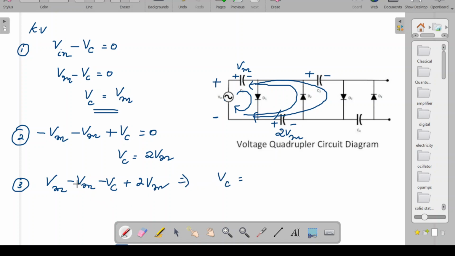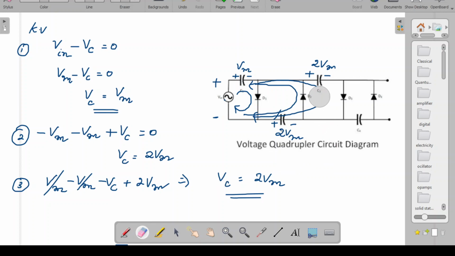Vc is equal to Vm, and this Vm will get cancelled. So Vc will be equal to 2 times Vm. So the voltage that will develop across this capacitor is also 2 Vm. So this much has happened by the second positive half cycle.